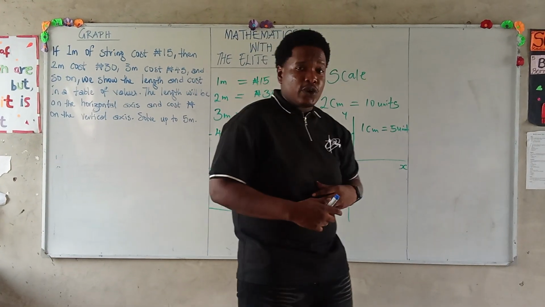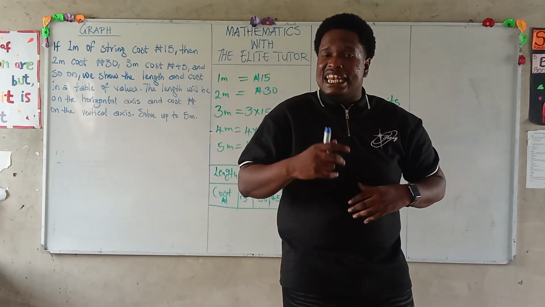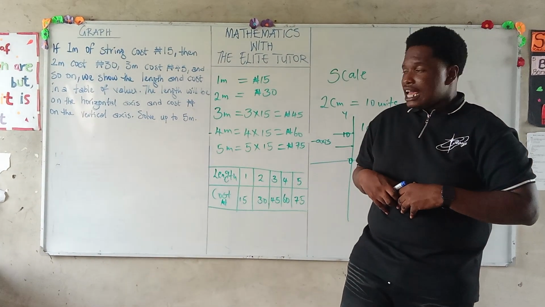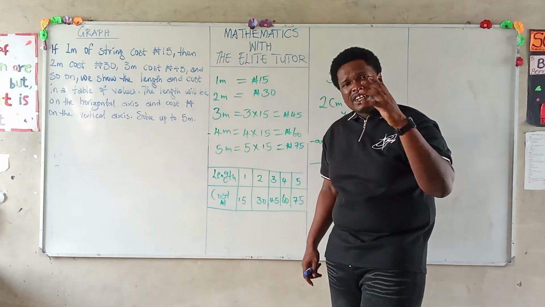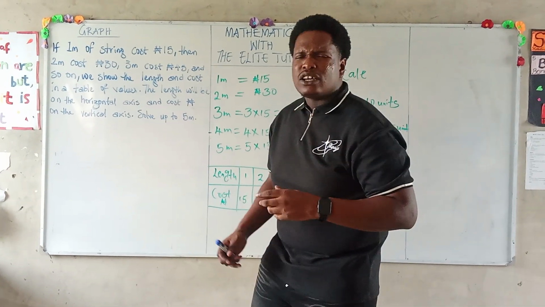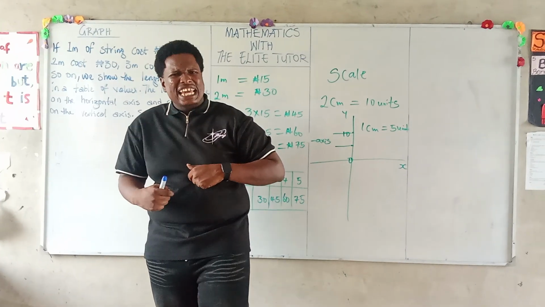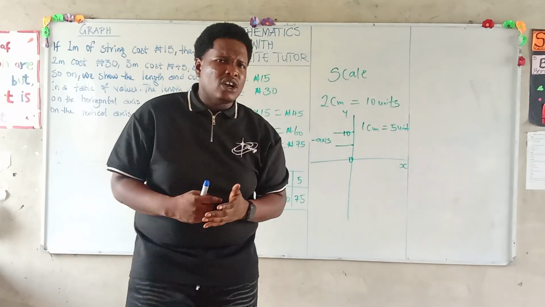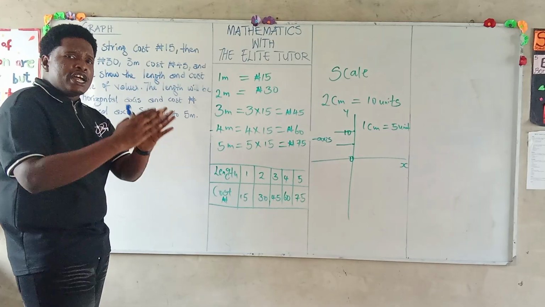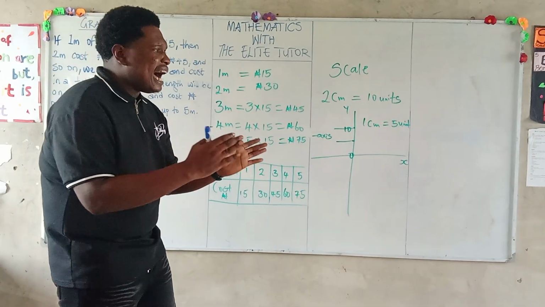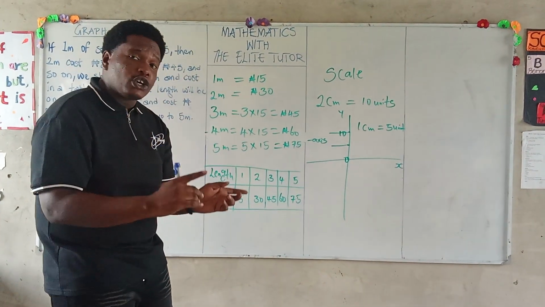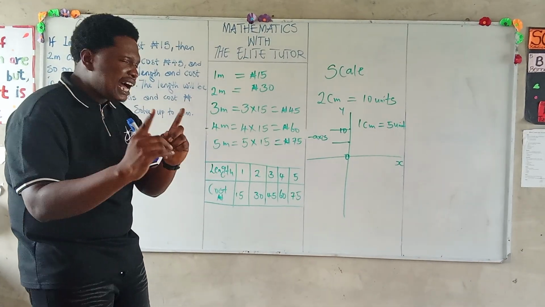This question didn't tell us that the length should be on the y-axis and the cost should be on the x-axis. It is the ability of students to detect the difference between the horizontal axis and the vertical axis.